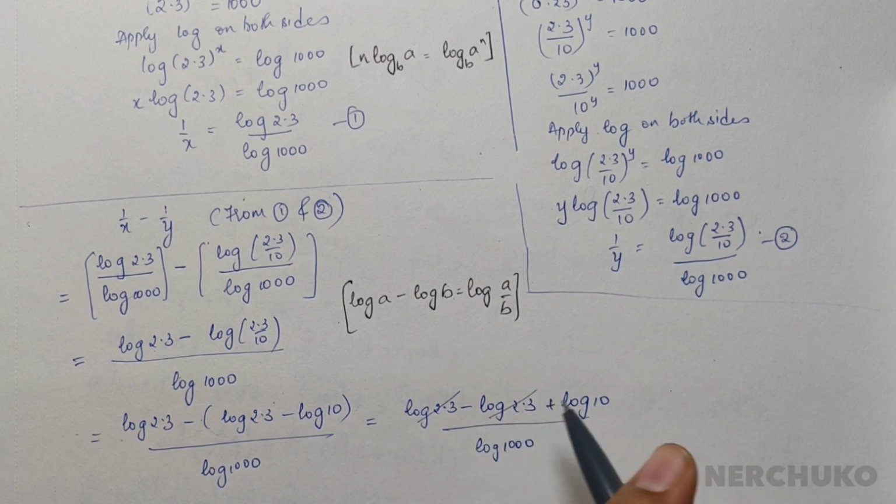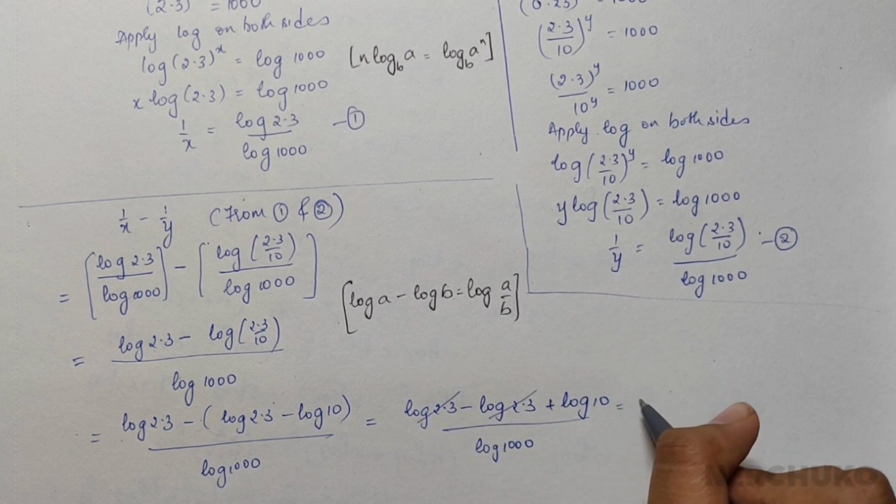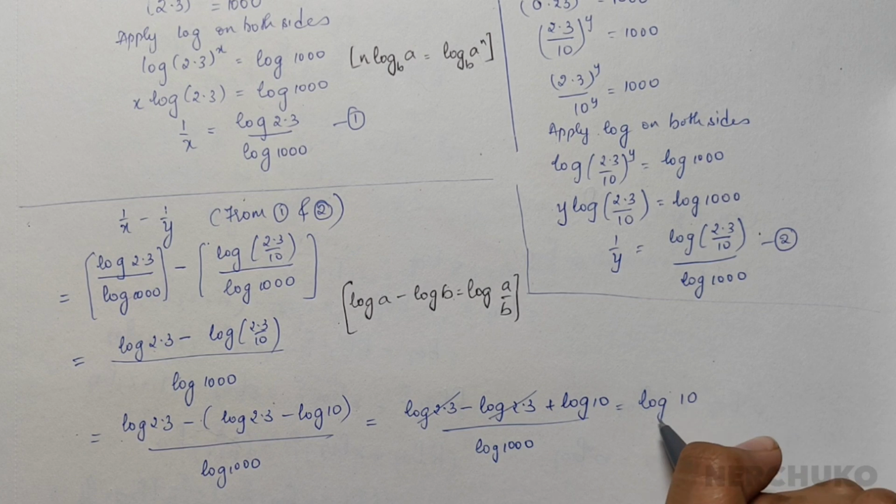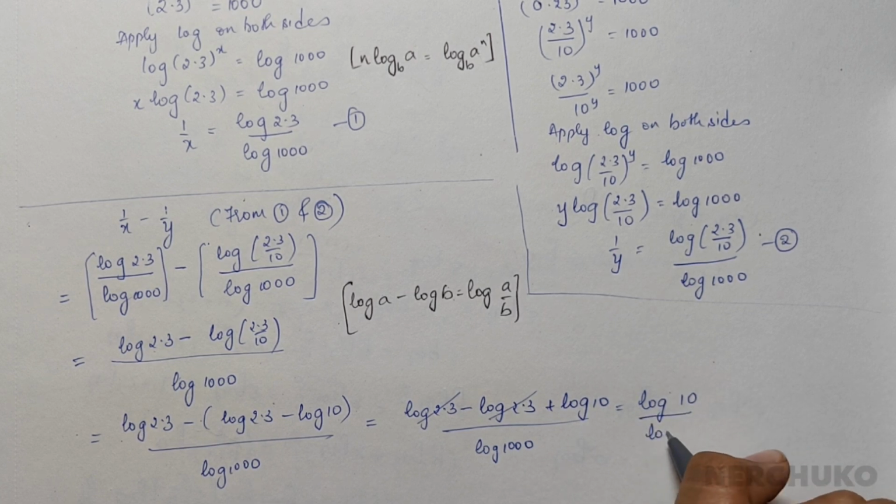Log 2.3 will get cancelled, so I would have log 10 divided by log 1000.